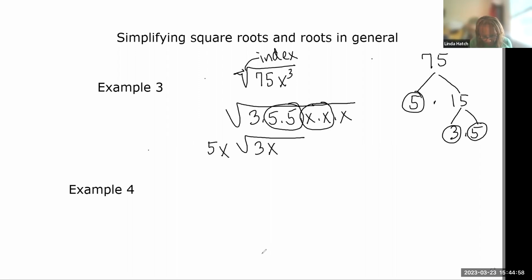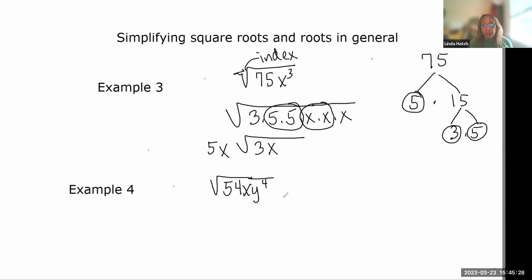And I hope that you are catching this pattern with this. If not, please comment below and let me know what you need to see to help you. All right, place my little cursor where I need it to go. And let's do this time, let's do 54. Square root of 54, x, y to the 4, okay?